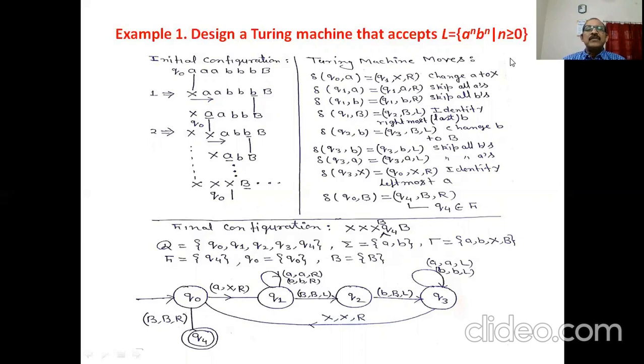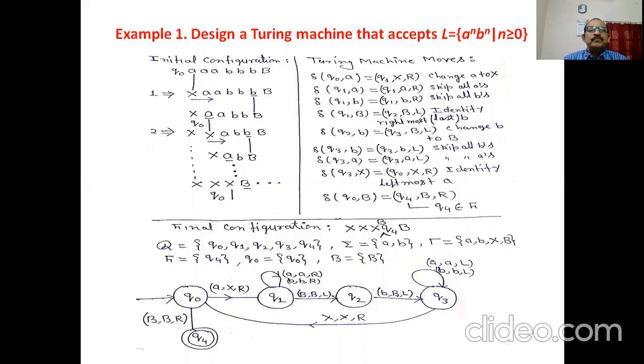There are several techniques and algorithms you can choose to design a Turing machine for this problem. Let us take a simple technique. The technique is we convert the leftmost A into X, and then we convert the rightmost B into a blank symbol, and we repeat this process until the string becomes empty.